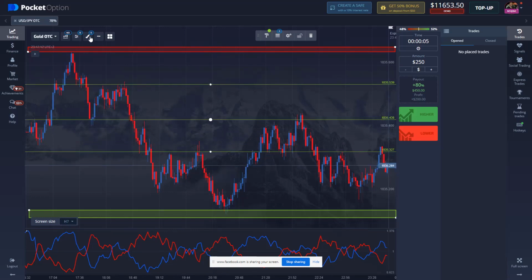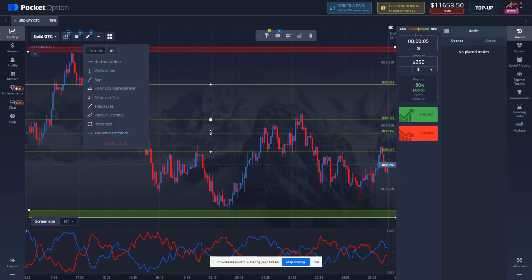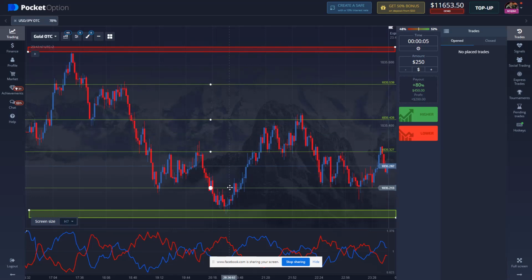Here, I think I could place another one right in this area, and this is a good area. So pretty much I've marked the market structure pretty well now.